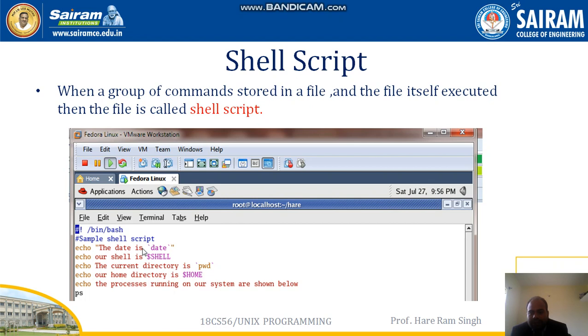Now echo the date is date. Echo our shell is $SHELL. Echo the current directory is pwd. Echo our home directory is $HOME. Echo the processes running on our system are shown below, ps. So how many commands? 3 plus 2, 5. We are executing 5 commands at a time in a file.